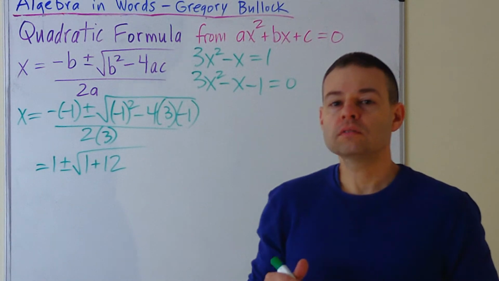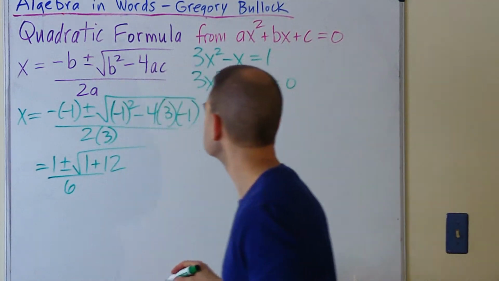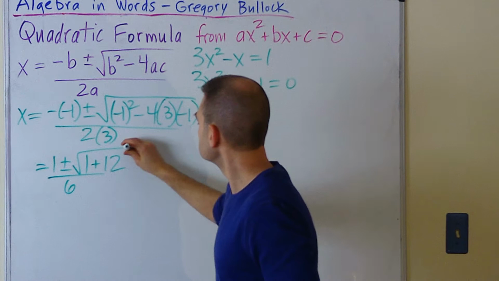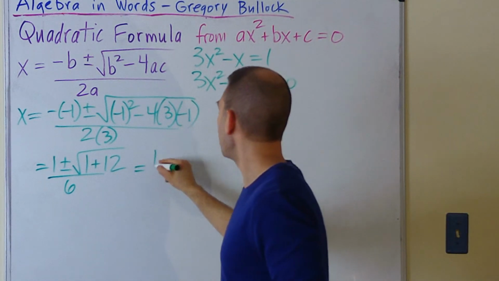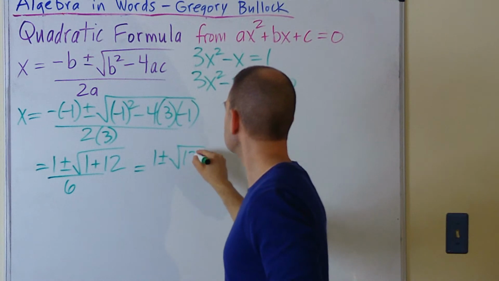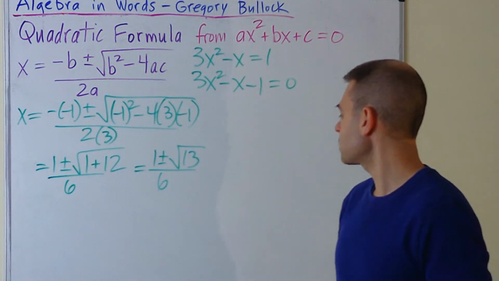And over 2 times 3, which is 6. Okay, so let's continue, and we're going to get 1 plus or minus the square root of 13 over 6.